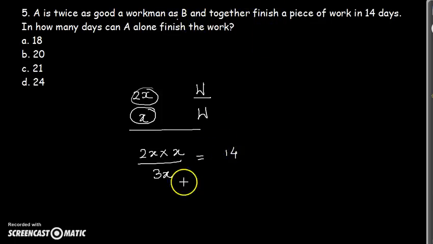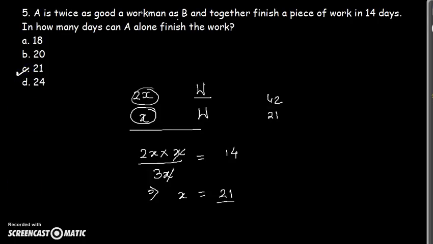This is given as 14. You can cancel out x here as x cannot be 0, and x will be 21. So A takes 21 days and B takes 42 days. Option C is the answer.